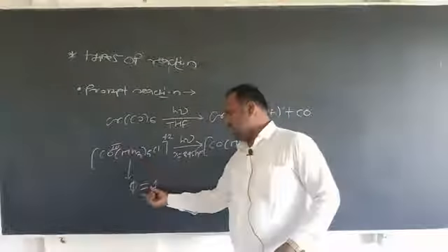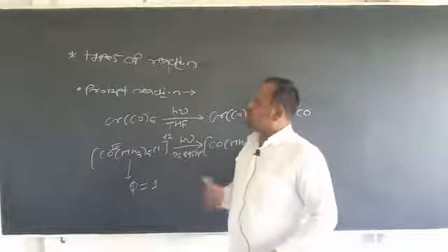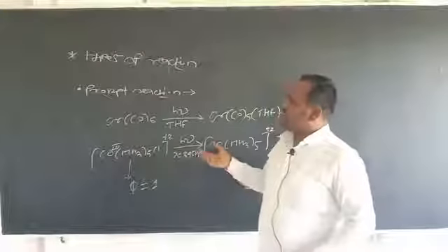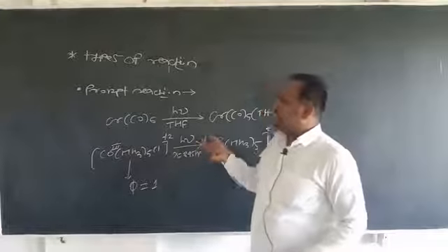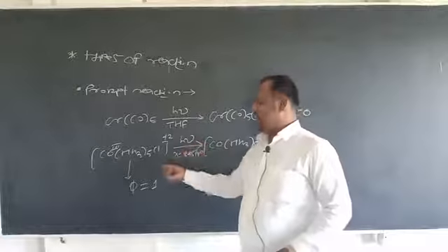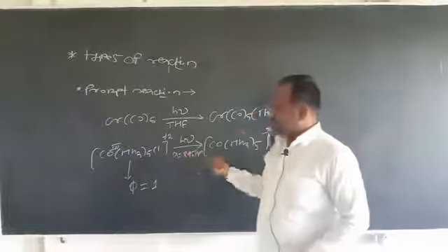So this is regarding prompt reactions, which are carried out in the presence of light, but the lifetime of the excited species is very small. Within less than 10 picoseconds they are converted into the product, therefore they are considered prompt reactions.